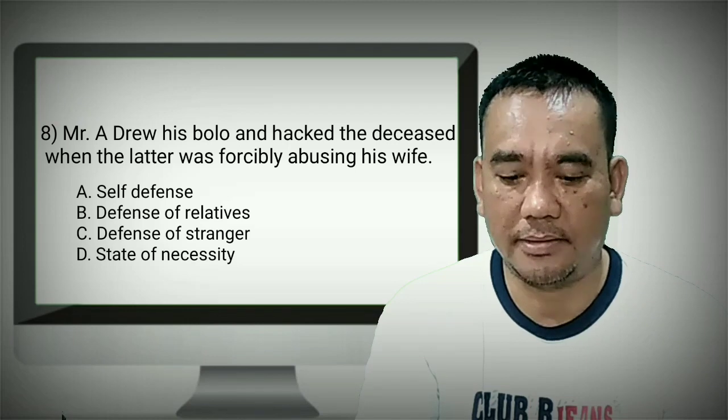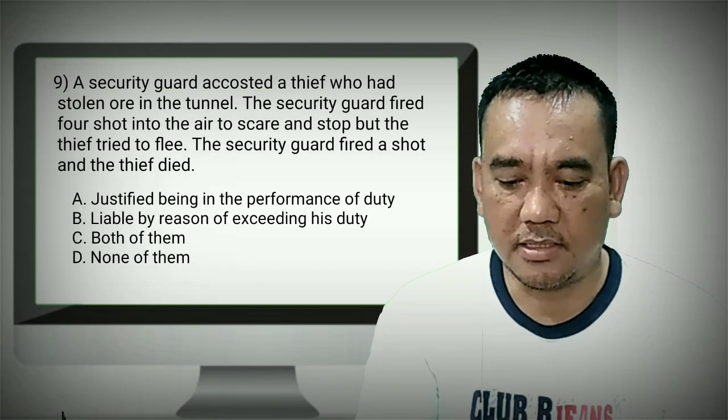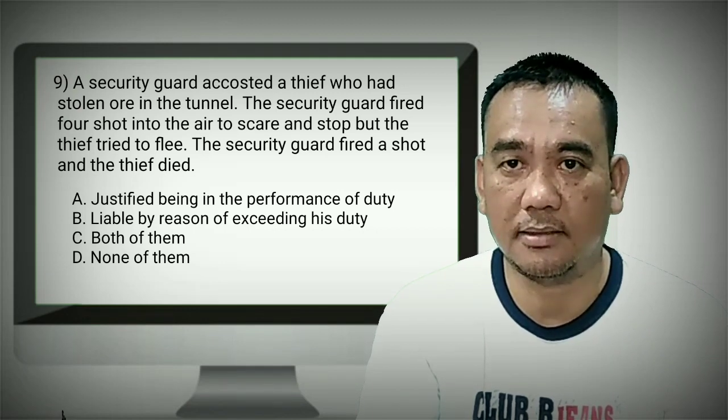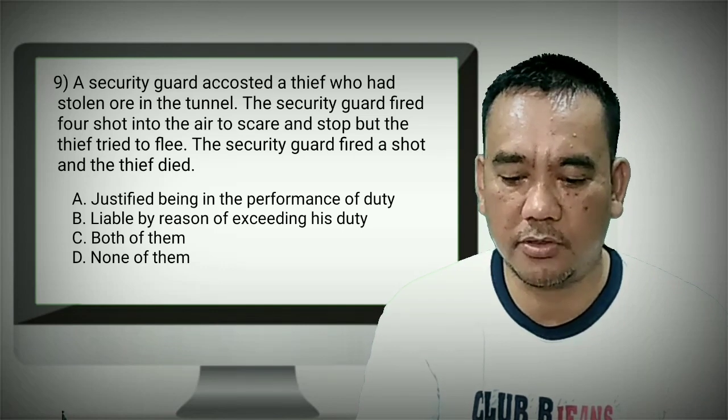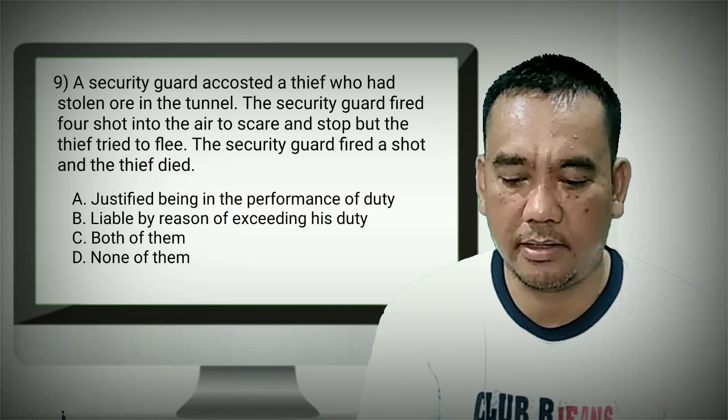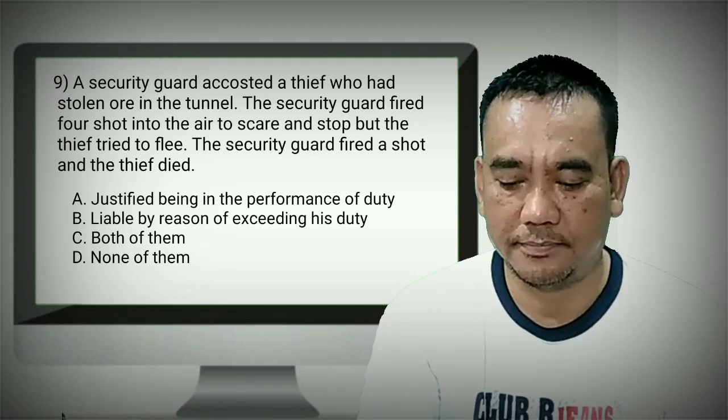Next, question number 9. A security guard accosted a thief who had stolen ore in the tunnel. The security guard fired 4 shots into the air to scare and stop, but the thief tried to flee.